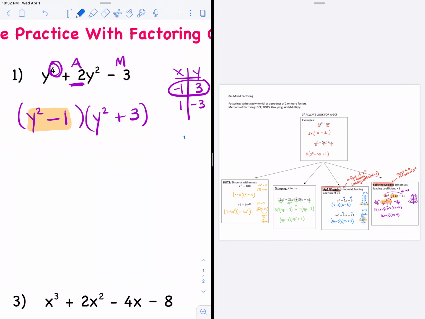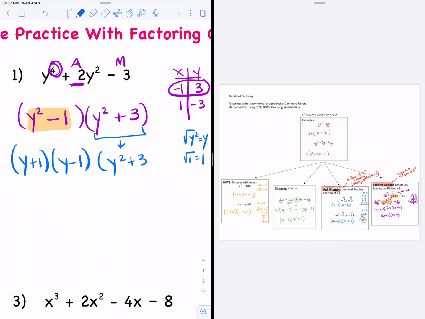I could get the square root of y squared, which is y, and the square root of 1, which is 1. So that factor turns into y plus 1, y minus 1. The second factor is just going to come down because that's not able to be factored any further. So this final answer has 3 binomial factors.